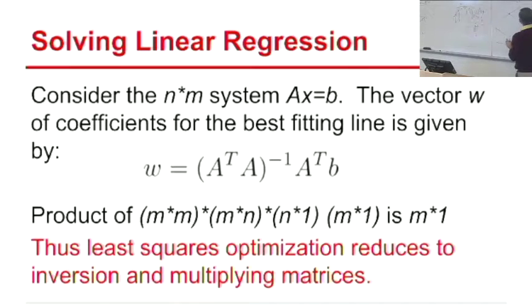And what I would like to do is to find a set of coefficients. I am going to multiply this by something that is m by 1. This is my w coefficient vector.